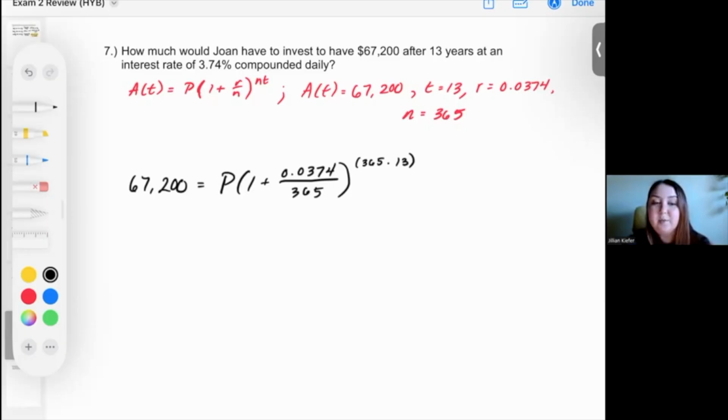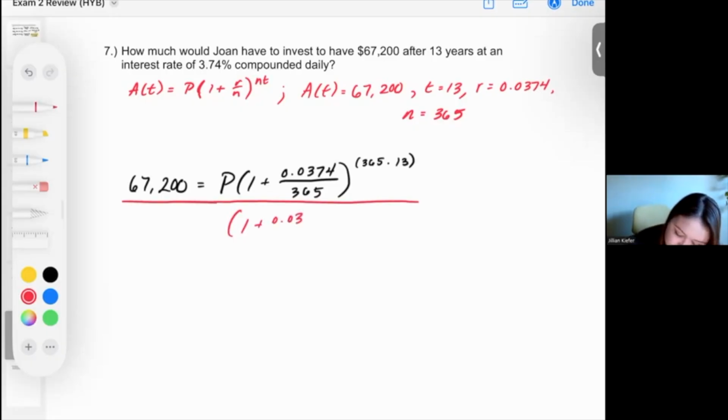Now remember, we want to solve for the principal. Our principal is just being multiplied by the 1 plus 0.0374 divided by 365 to the power of 365 times 13. If it's being multiplied, that means we can just divide it out. So we're going to divide both sides by this value, 1 plus 0.0374 over 365, to the power of 365 times 13.